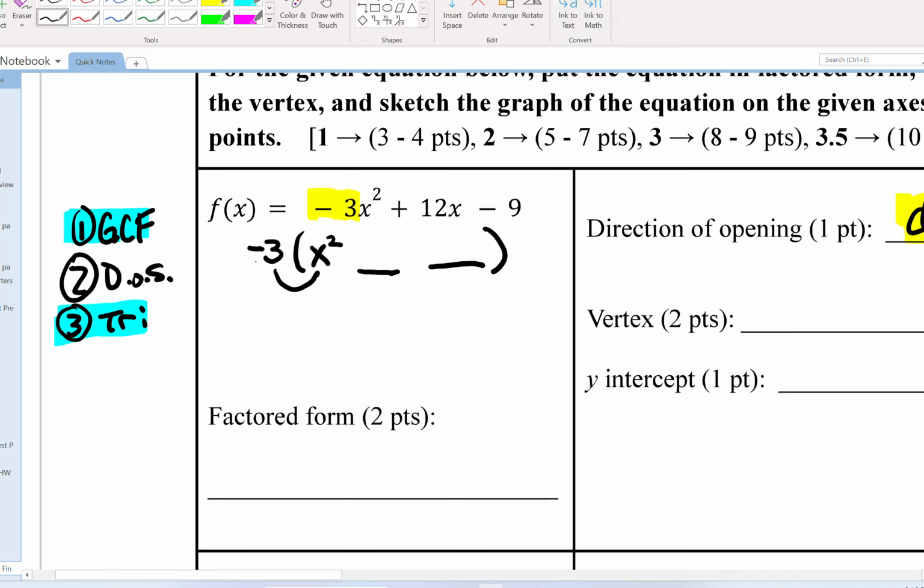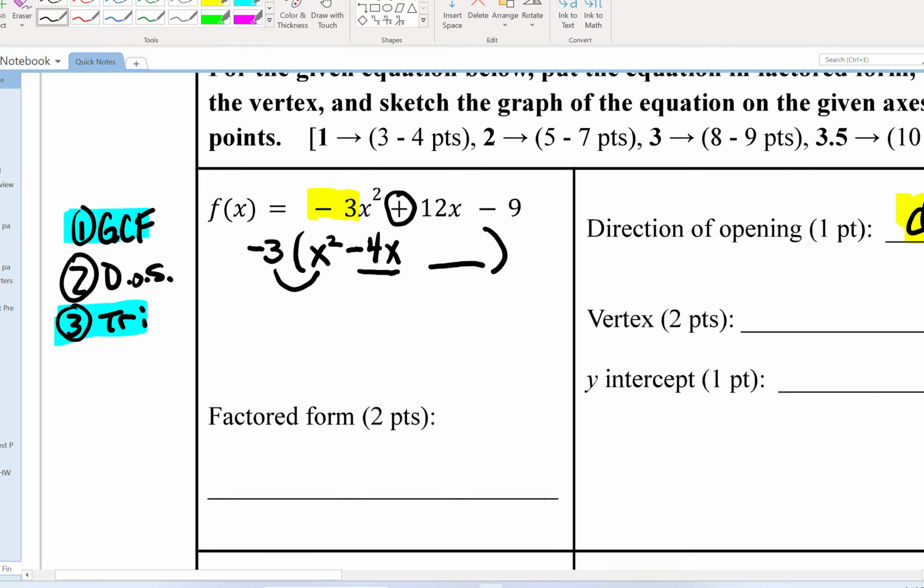What would I multiply by a negative so that I get a positive on this next term? Well, it would have to be a negative, because a negative times a negative is positive. And then, what would I multiply by 3 to give me 12? That would be 4. And if I just leave it like that, -3 times 4 is positive 12, but it needs to have an x, so -4x.